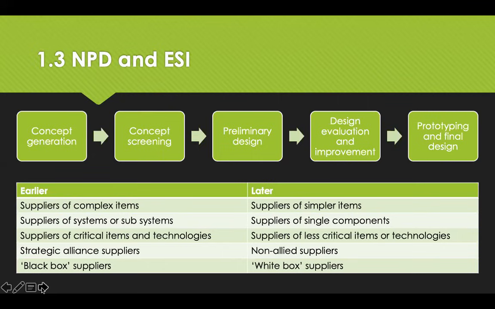Some potential advantages of early supplier involvement are reduced product development cost, faster product development, and improved performance. But the risks also are that you might have financial and time costs for managing that collaboration, loss of direct control over the development process and the design, and the buyer relying on a sole supplier for the development of the core component.